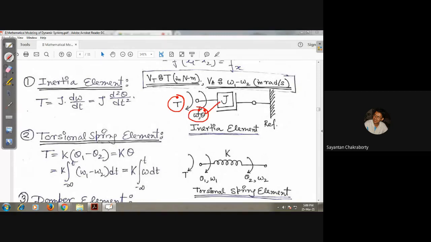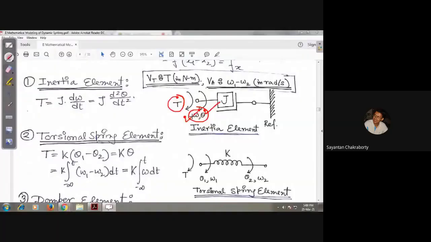The torque T will then be expressed as J d omega/dt, or J d2 theta/dt square. Right? This is angular displacement, angular velocity, and this is the torque applied, and J is the inertia. This is similar to the mass of a translational motion system.